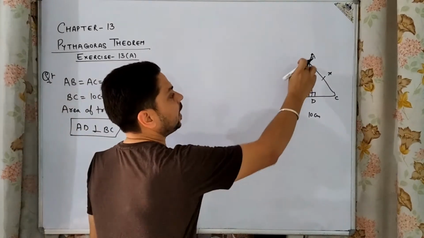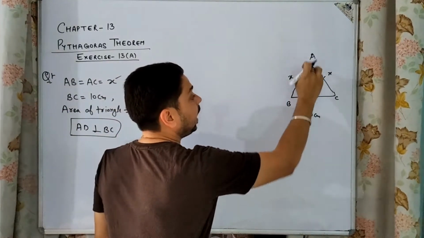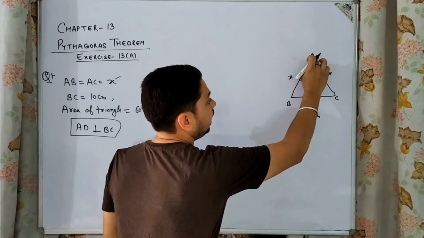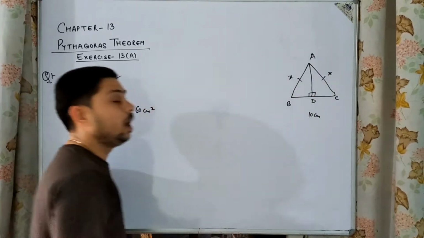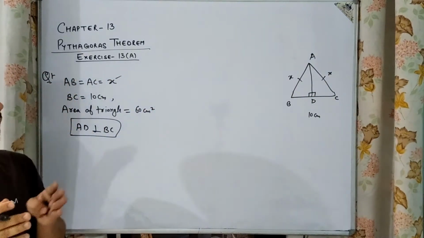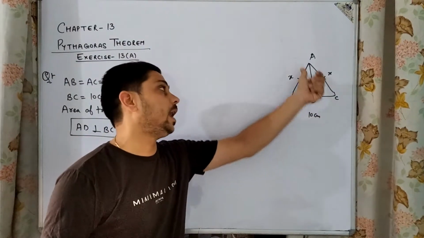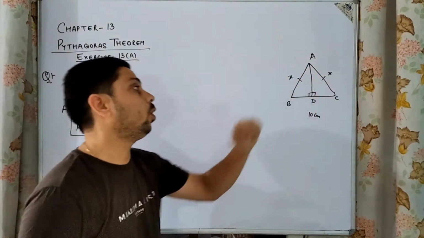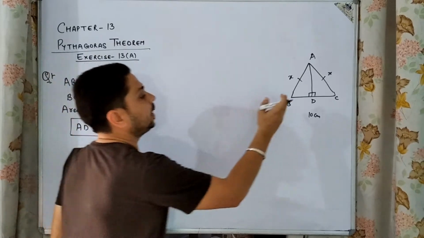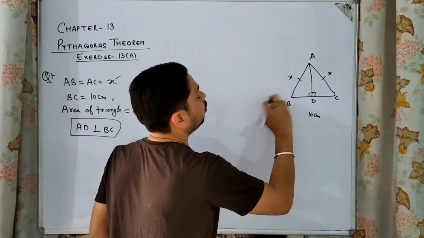Now you can see that we have two triangles here, triangle ADB and triangle ADC. Since it is an isosceles triangle and we have drawn a perpendicular, this perpendicular will divide the triangle ABC into two equal parts.